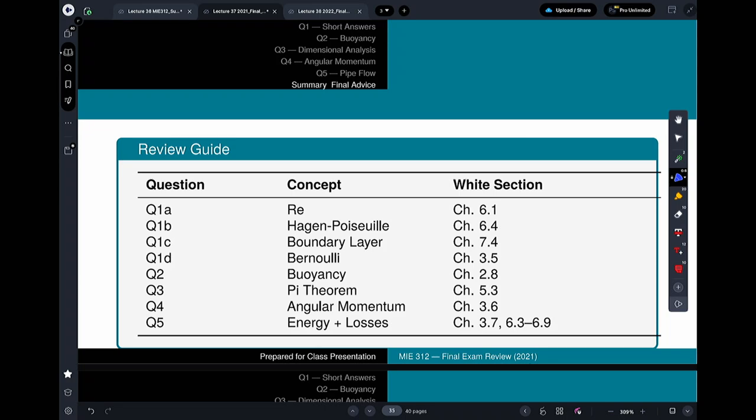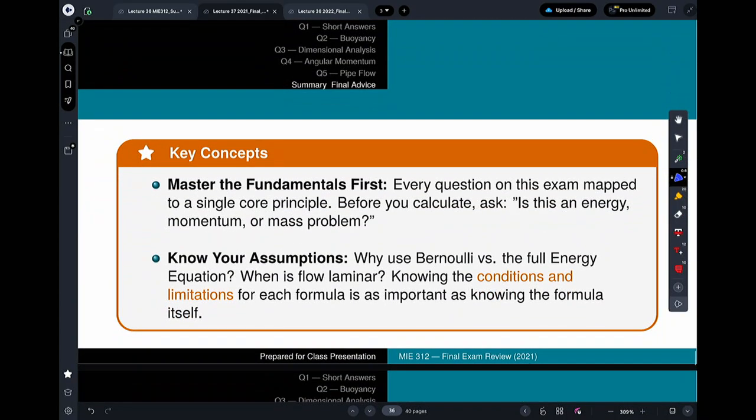And what I've done with each of the exams is the same sort of thing. Here's how we've kind of looked at these problems. You'll notice chapter 7 is covered as well. The goal is really to identify what we're asking. Is it an energy, momentum, or mass problem?